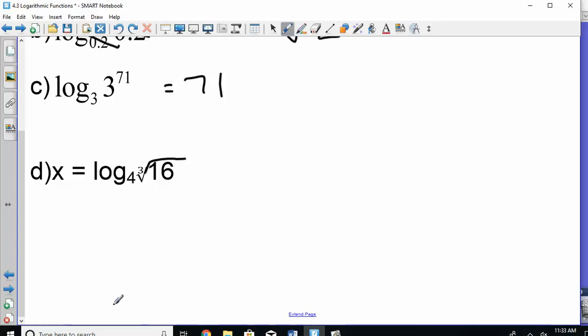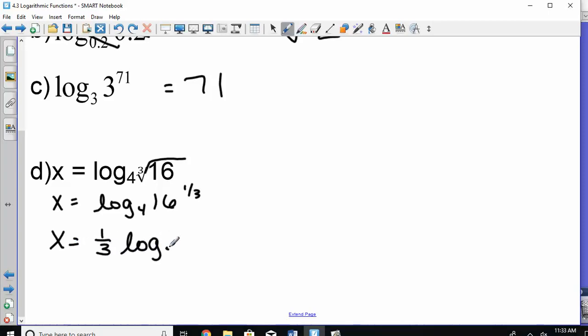What's your first instinct if you see this? I'll wait until somebody gets some idea. Okay, can we do the cube root of 16? That's a good option. See if you can reduce that. No. Okay. What else can we try? Cube root is like a 1/3 power, so you could use the rule and drop the 1/3 down in front.